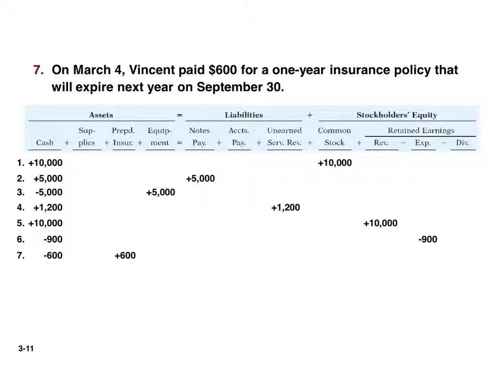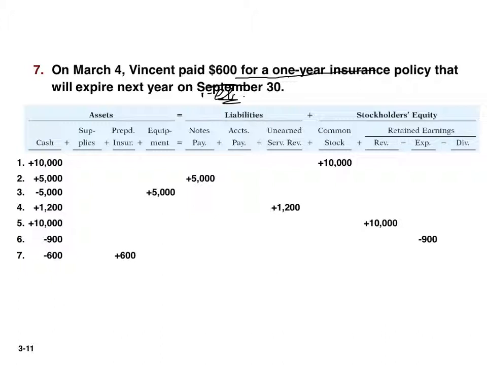Now on March 4th, Vincent paid $600 for a 1-year insurance policy that will expire next year. Oh, that shouldn't be September. That should be February. Okay. Now, you see what we're doing is purchasing protection for a whole year.